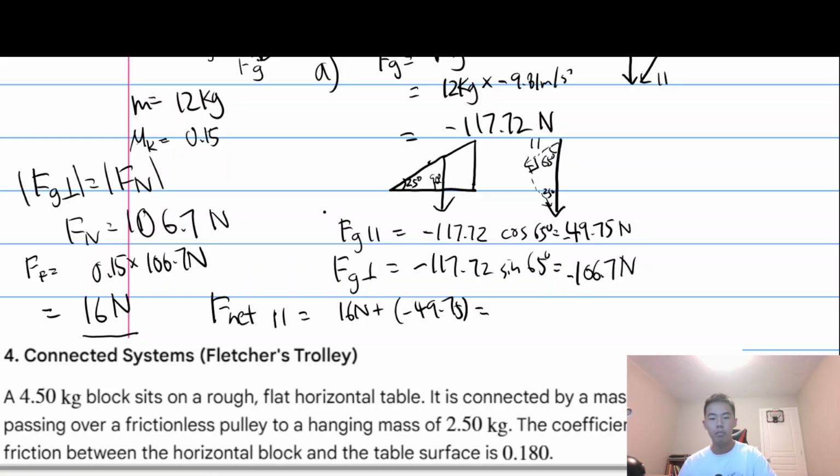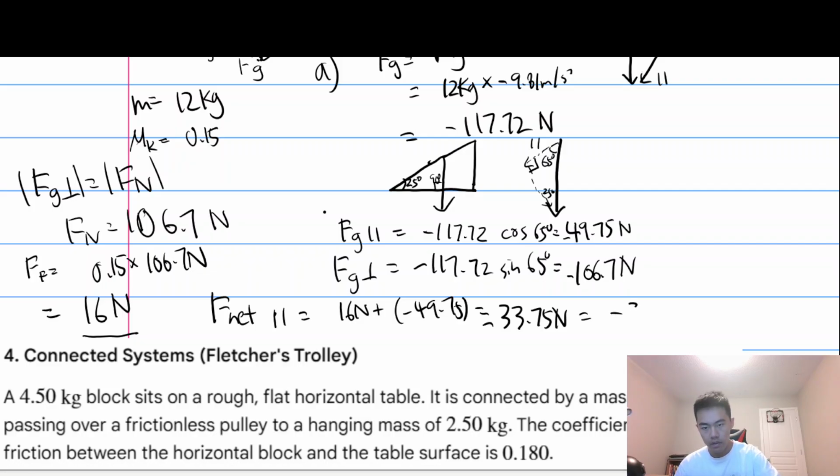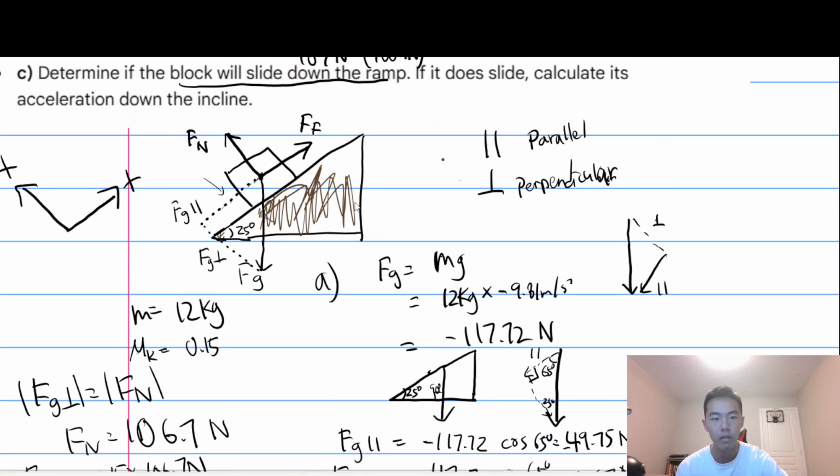By putting it this way, it's pretty obvious that the gravity wins out. Negative 49.75 plus 16 gives us negative 33.75 newtons, which is negative 33.8 newtons. So the block will slide down with 33.8 newtons of force.